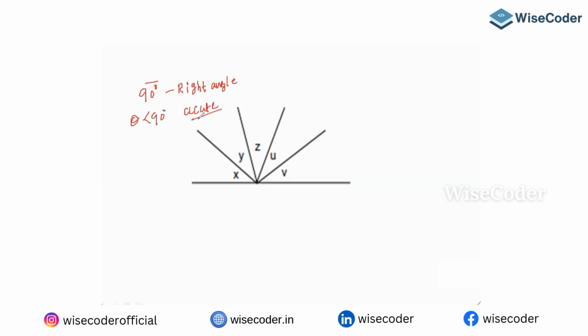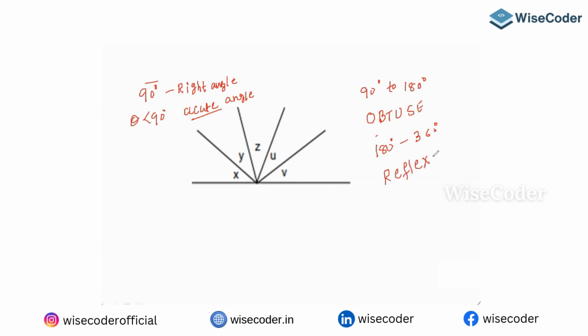If an angle is between 90 and 180 degrees, we call it an obtuse angle. And if the angle is between 180 and 360 degrees, we call it a reflex angle.